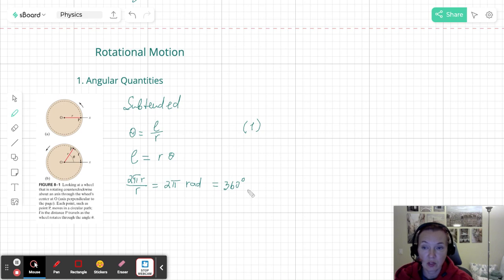So we can use this ratio, or better yet, use pi radians equals 180 degrees, to convert between degrees and radians, and vice versa.